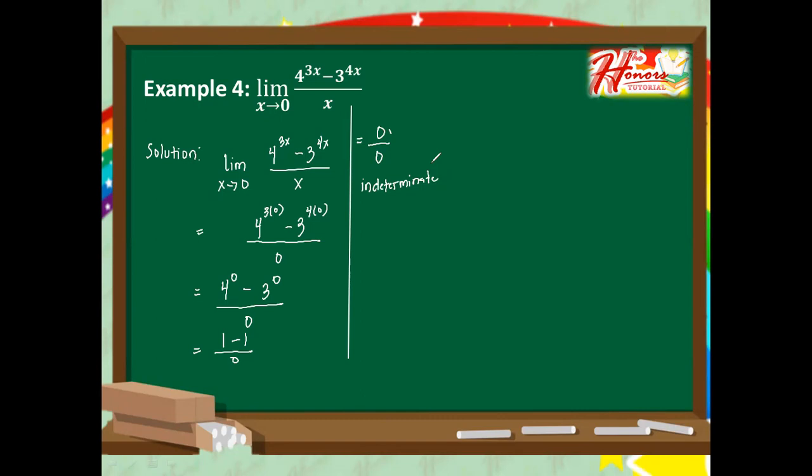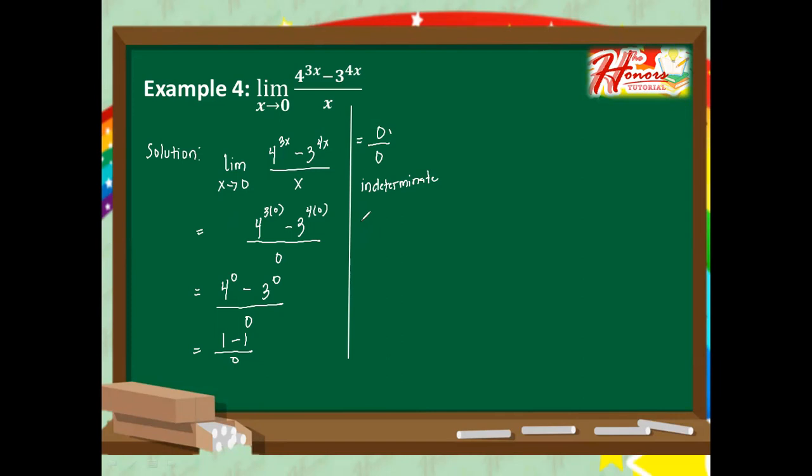Let's solve for it. And this is what we are going to do to solve for this kind of equation. We have to get the derivative of the numerator and denominator. So it will look like this.